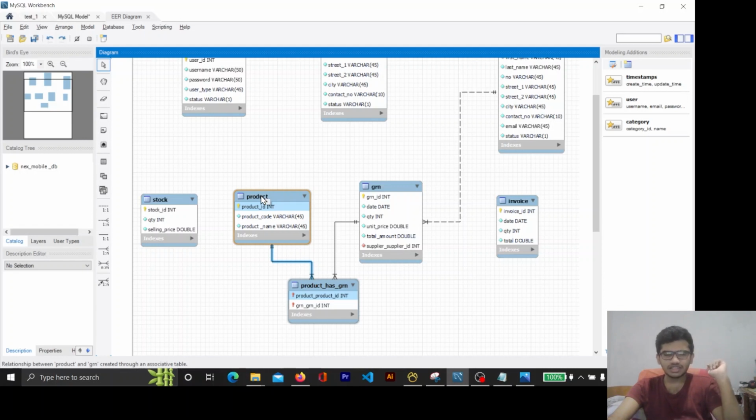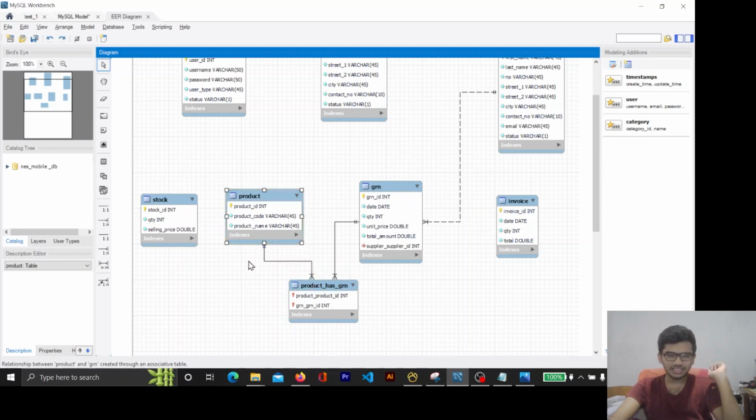One product can have many stock, and, when we look at it inversely, in stock there could be only one stock. That's a little bit confusing.